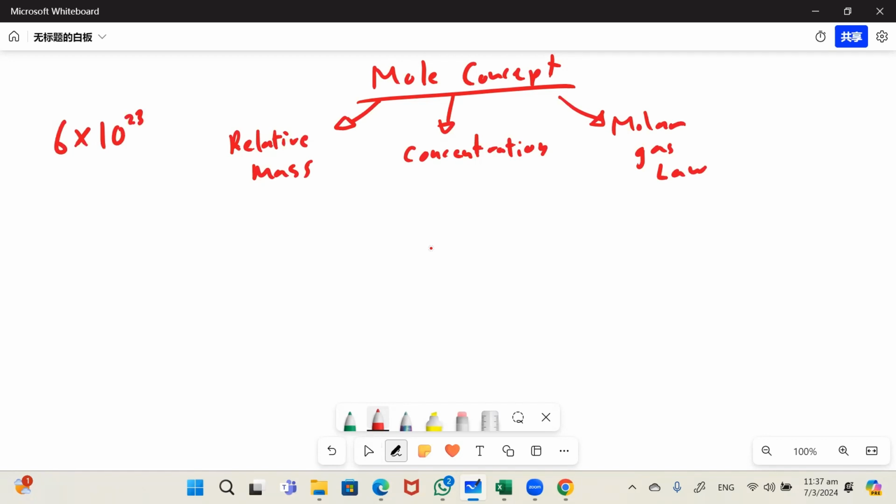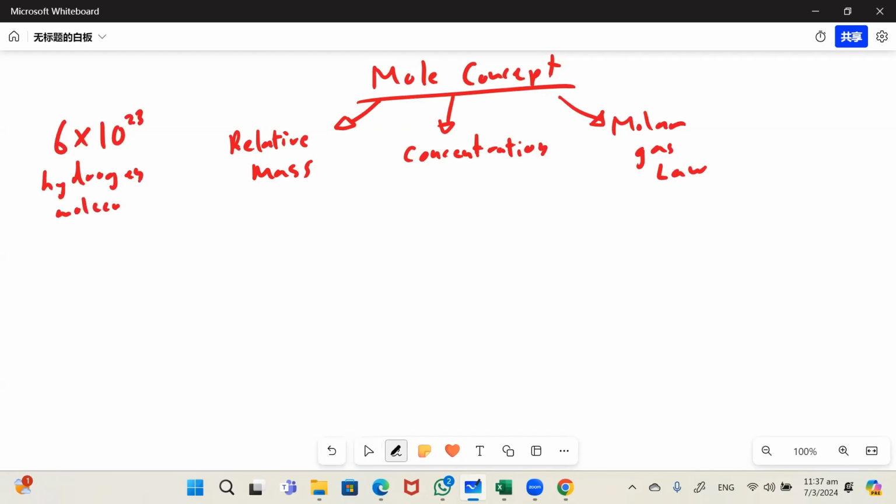Why need to have this special number? He discovered that 6 times 10 to the power of 23 hydrogen atoms weigh exactly 2 grams. Sorry, hydrogen molecules. Sorry, I write wrongly.